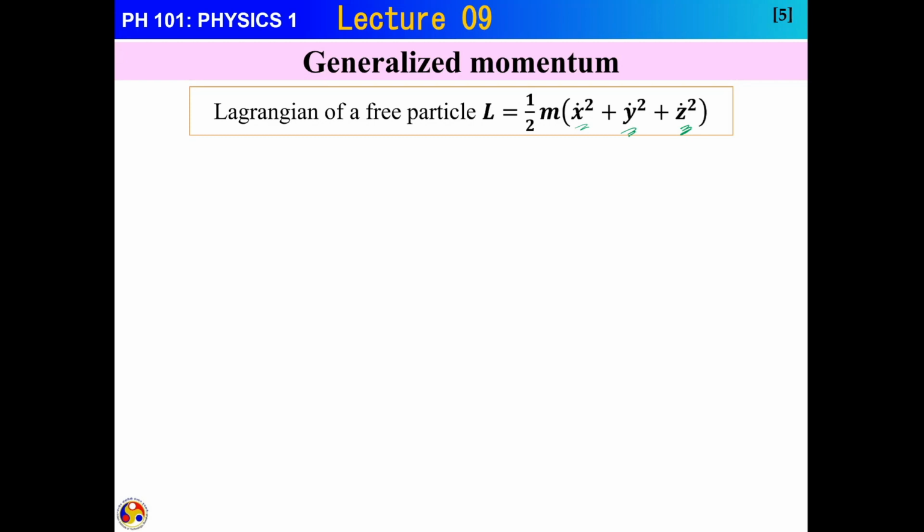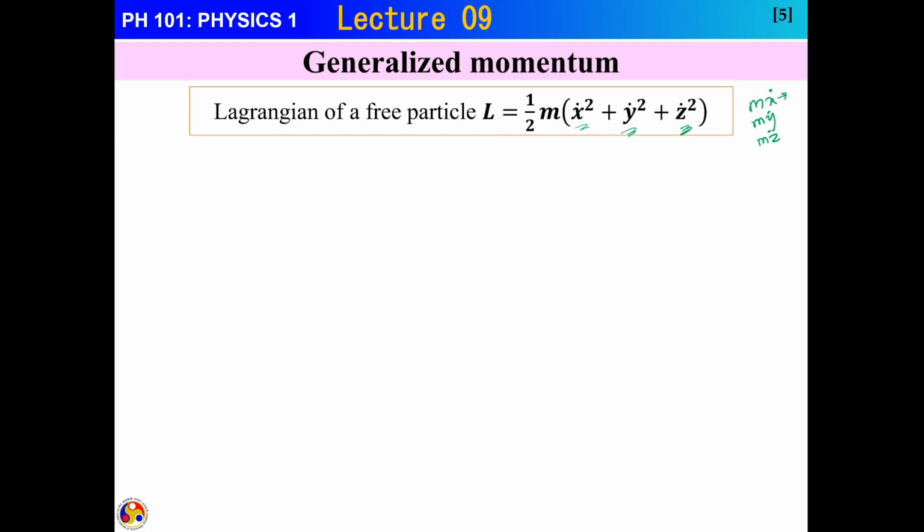Now, if I take the partial derivative of this Lagrangian with respect to x dot, then what would I get? I would get m x dot. Similarly, if I take the derivative with respect to y dot, then I will get m y dot, and similarly m z dot for z dot.